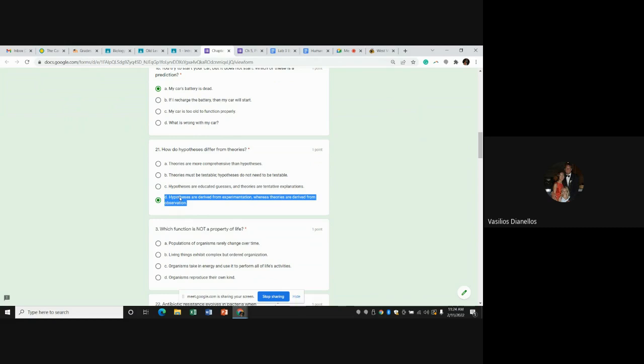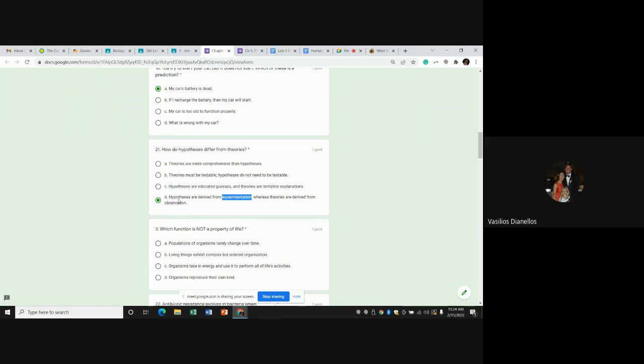Hypotheses are derived from experimentation, where theories are derived from observation. No. Remember, experiments are there to test hypotheses. So, the way that your book teaches it, right? If we look at the scientific process in order, we have a hypothesis, and then we do an experiment to test that hypothesis.